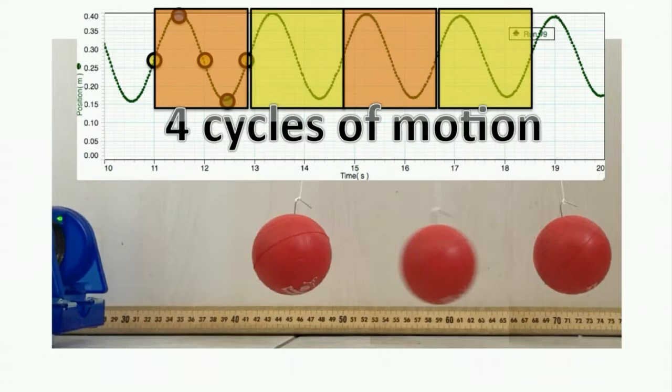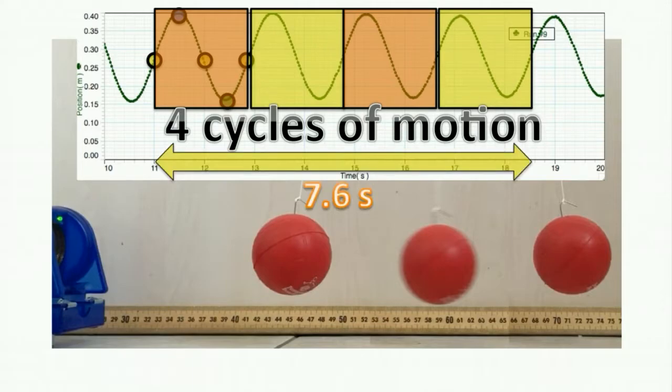Notice I have highlighted 4 cycles of motion. Now 4 cycles of motion seems to be around 7.6 seconds. Notice that the cycle starts at around 11 and it ends somewhere between 18 and 19 seconds, around 18.6 seconds.